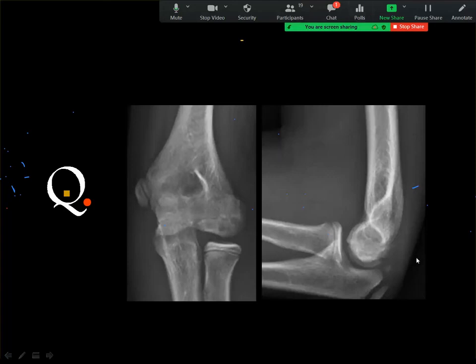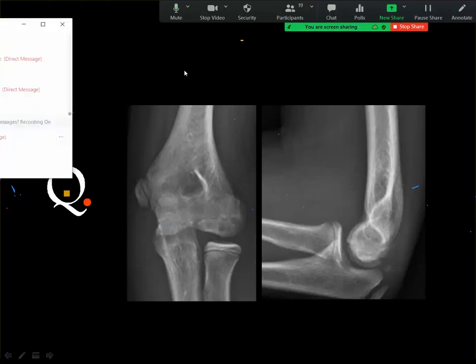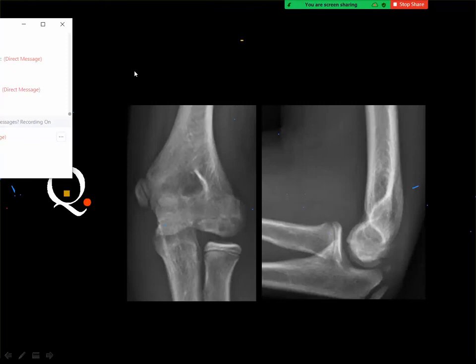This is an X-ray of the elbow of a young child. Olecranon fracture, tendon avulsion, these are the suggestions. Then, Sabir, what do you mean by tendon avulsion?